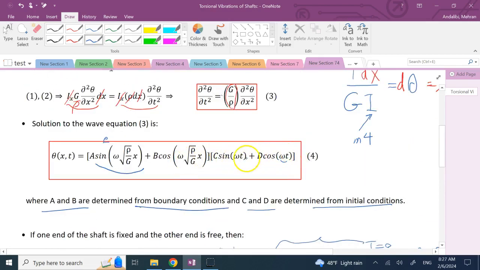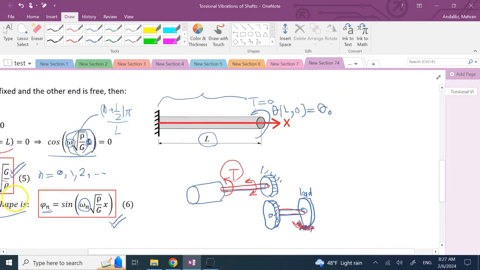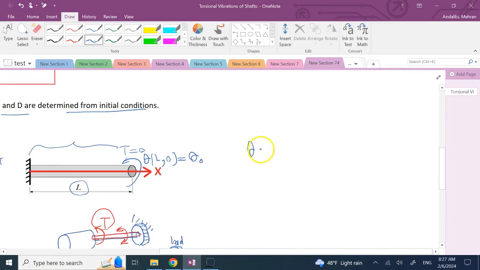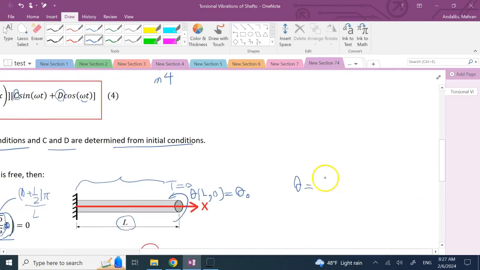Now, this was one scenario that we looked at, and you might say, what about C and D? Well, C and D just come from initial conditions. So right now, my solution is theta equals A times sine times these, and then I can call A times C a new constant, and A times D another constant. Let's call them E and F. So you're going to get E times sine of omega square root rho over G x.